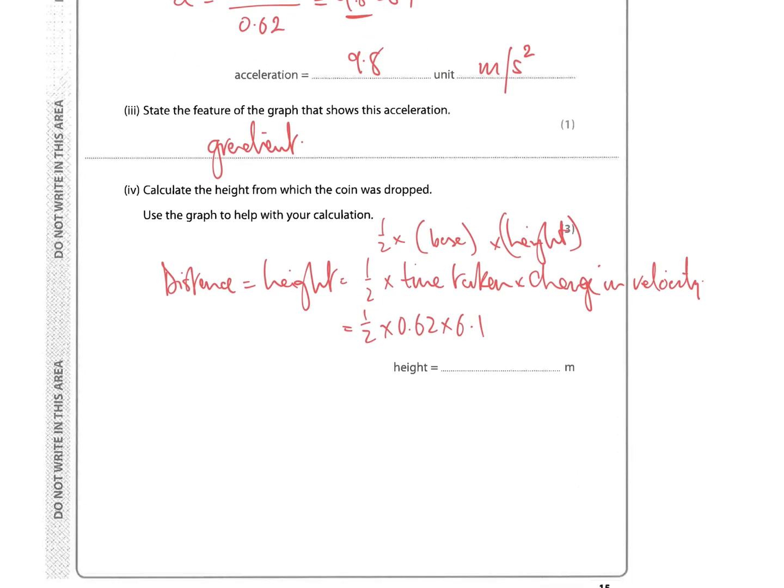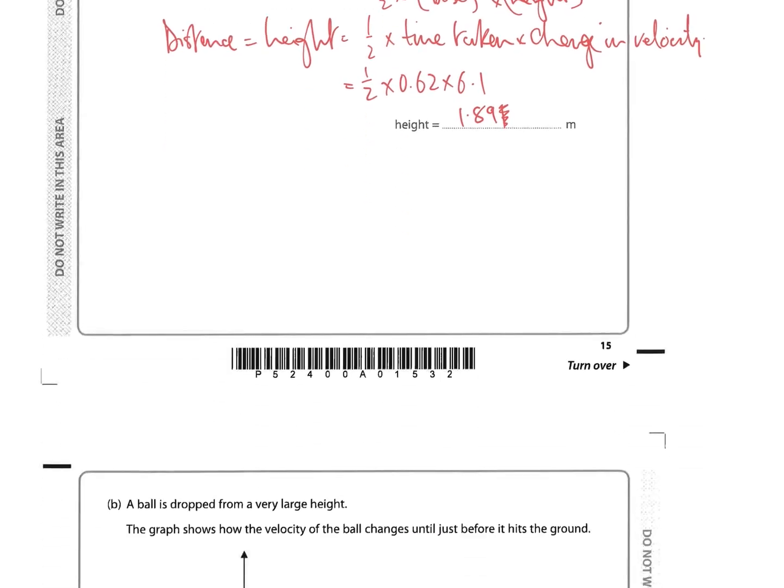I'm just going to quickly plug that into the calculator and make sure I get the exact result. 0.5 by 0.62 by 6.1 gives us 1.891. Again, only two significant figures in all these things, so we could just leave it as 1.89 meters.